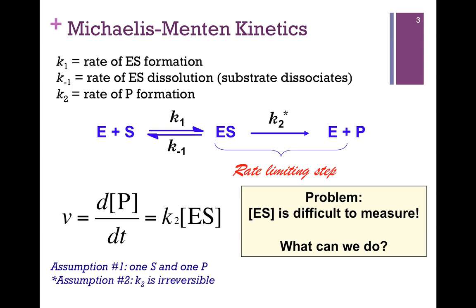And here's our first problem. We can't really determine the concentration of the enzyme substrate complex. In other words, we can determine how much total enzyme we have, but how much is bound to substrate, that we can't really measure. So our goal now is to find a way to replace that term, the concentration of ES, with something we can actually measure in the lab.